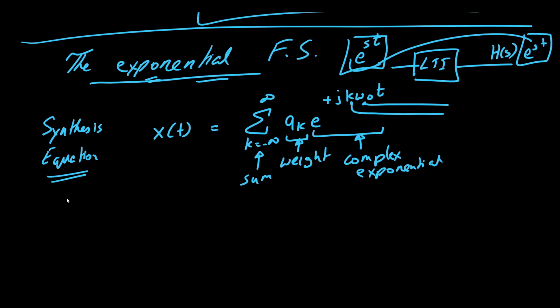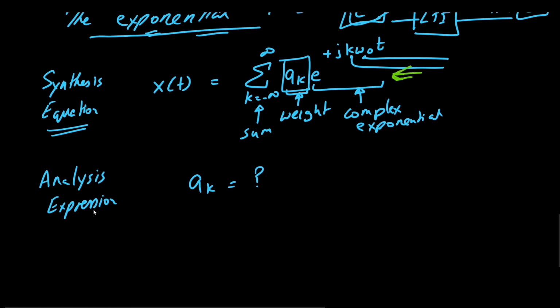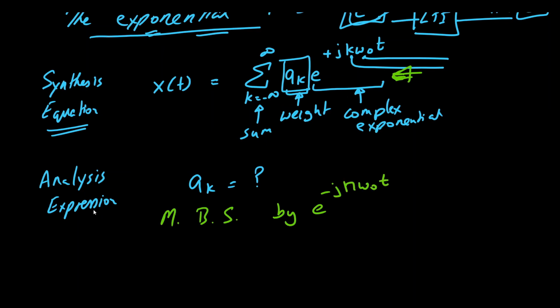Let us derive the analysis expression. That is, what would be ak? If we multiply both sides of this equation by e raised to minus j n omega naught t, we would have e raised to minus j n omega naught t times x of t, and this would be equivalent to a summation of ak e raised to j.